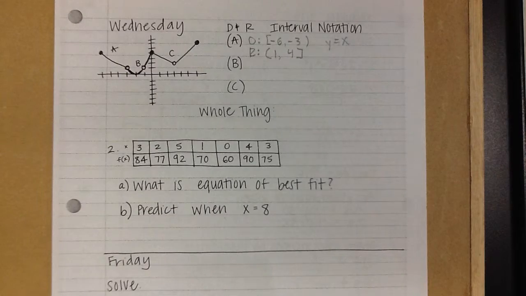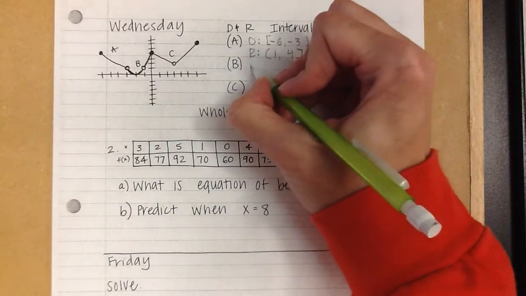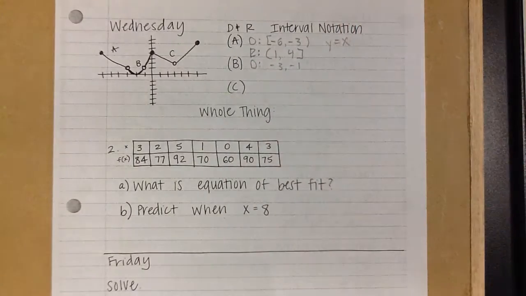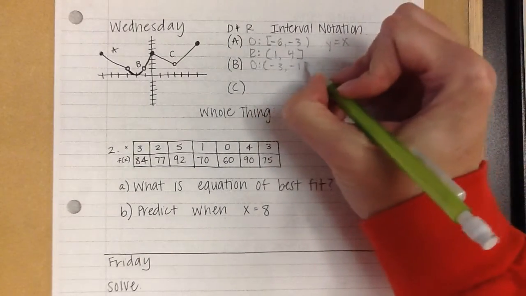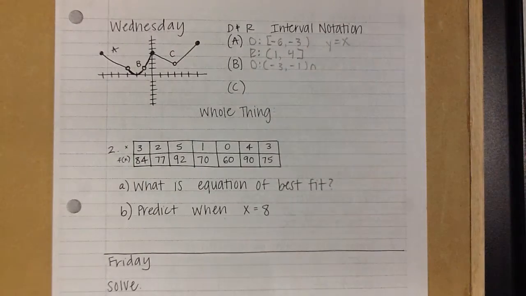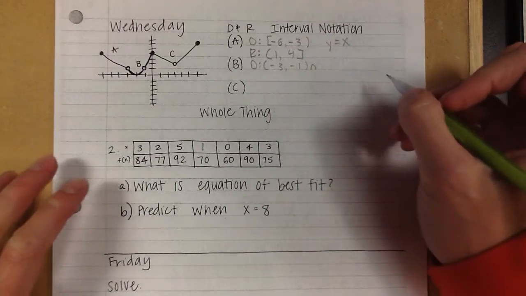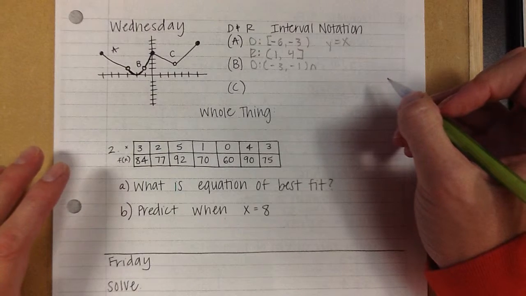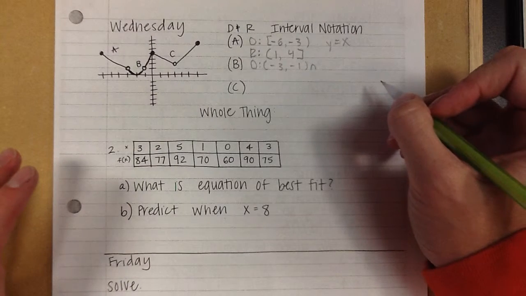What's the domain of section B? -3, -1. Okay. Then what? Not -1, 4. You're looking at x's.